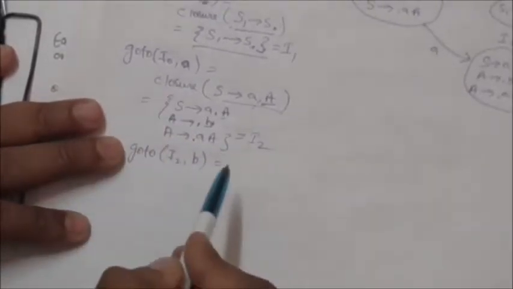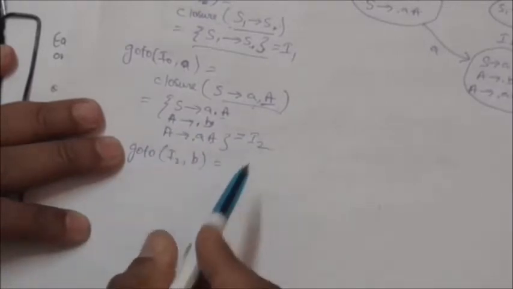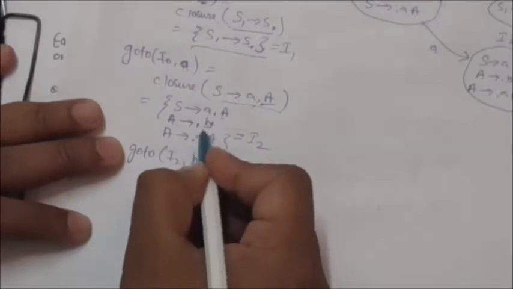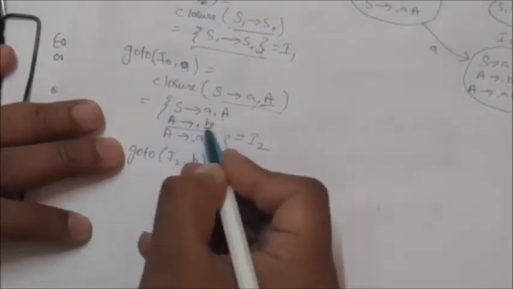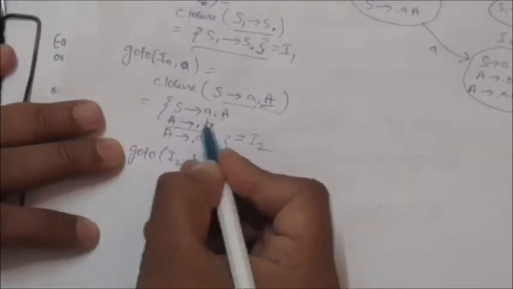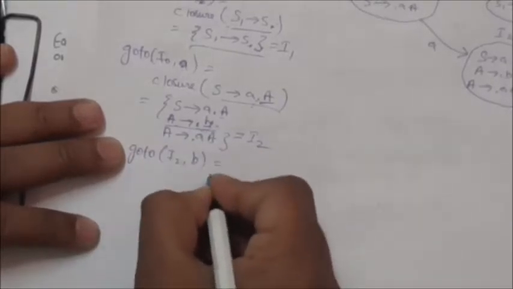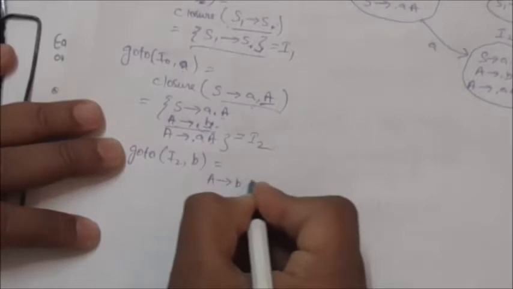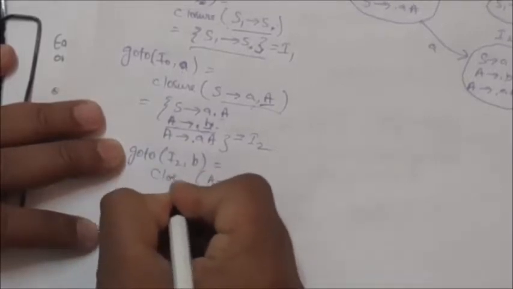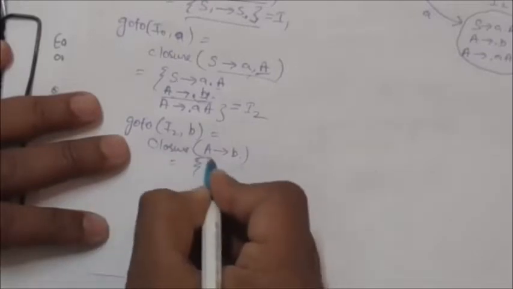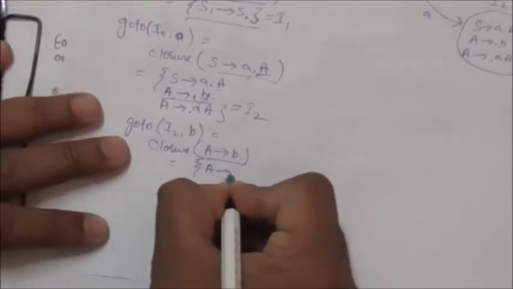In I2 we will see those items where the dot is preceding the symbol B. We will shift this dot after the symbol B, then we will get the item A derives B dot. Now we have to find its closure. Its closure will be a set having only this item A derives B dot.